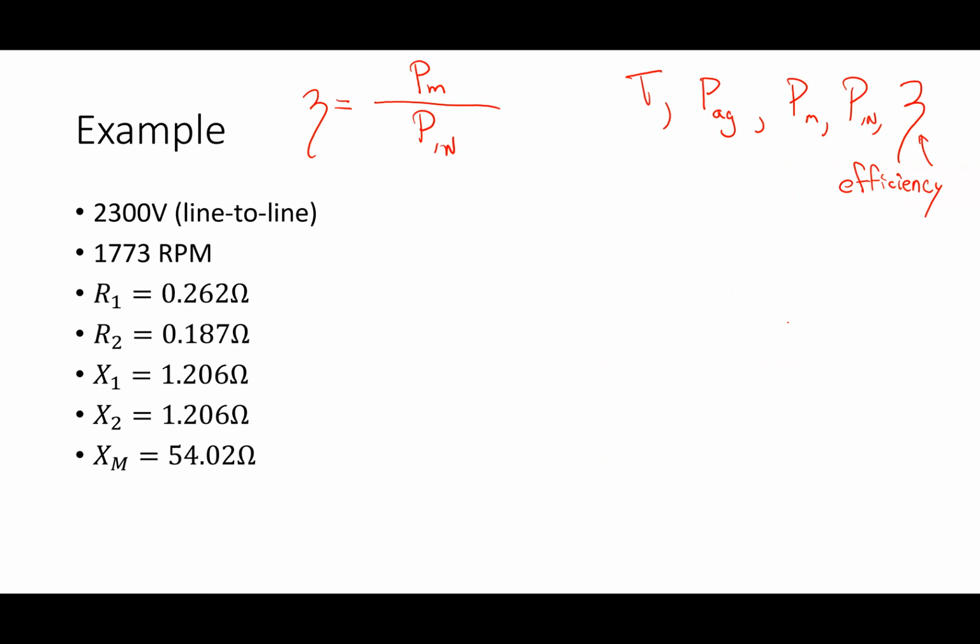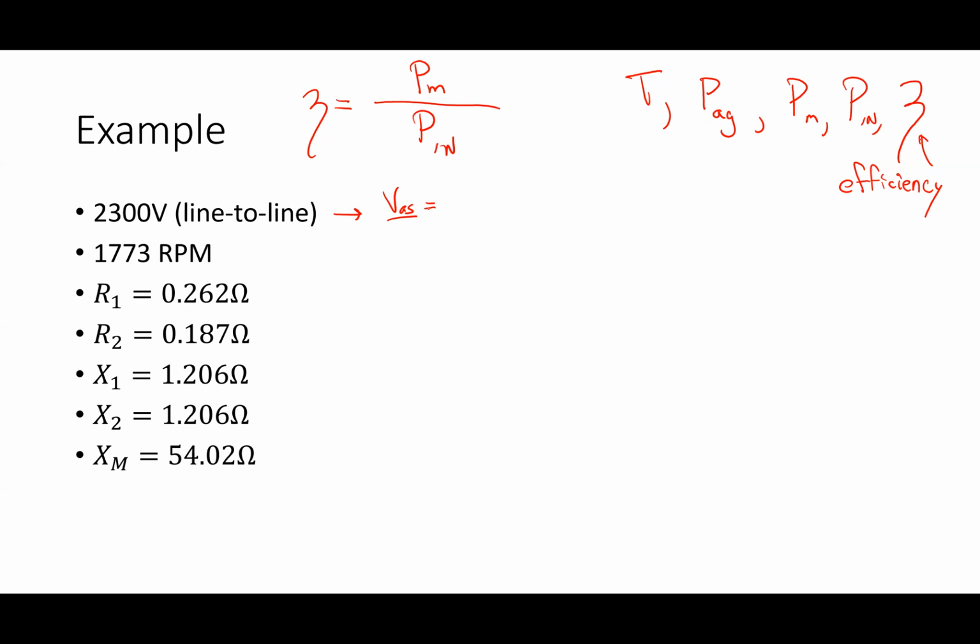So first of all, just to be clear, 2300 volts line to line. If I'm going to do my calculations, I want to figure out what VAS is. VAS is my stator side line-to-neutral voltage.